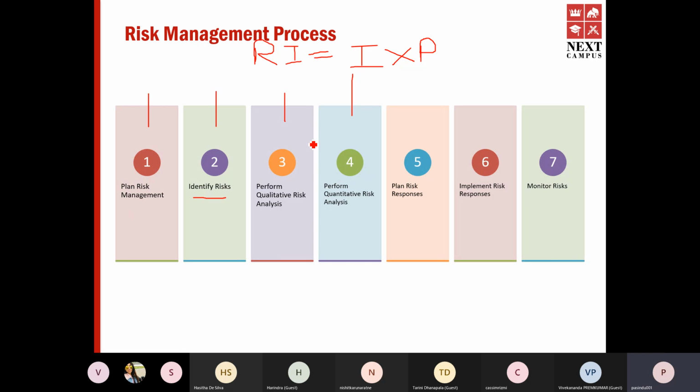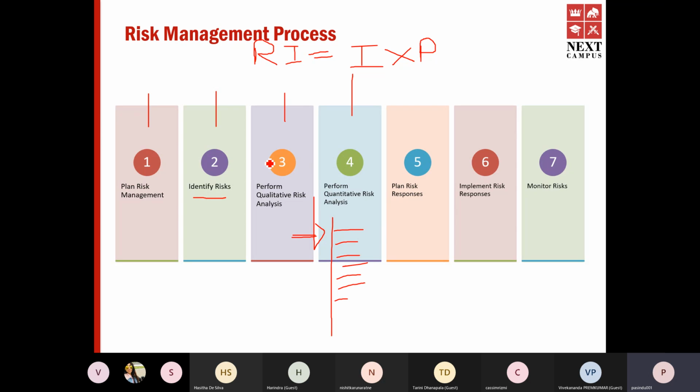Now, from the qualitative risk analysis, you would take the high and medium risks, depending on the list, identify the impact and probability, and stack rank them. Again, what this does is enable you to focus on the right risks better.